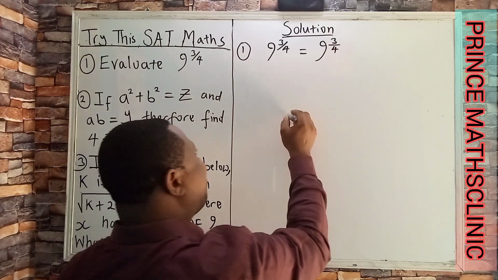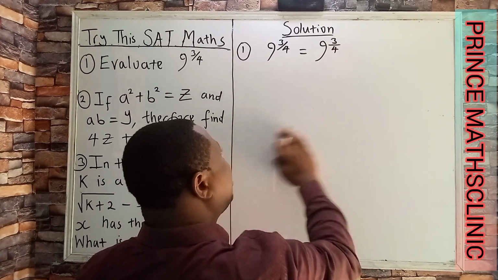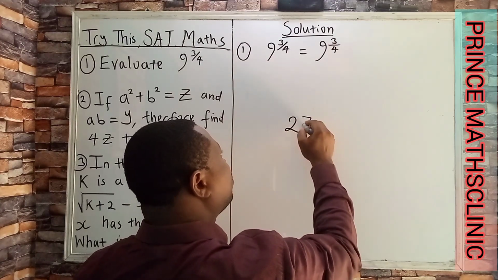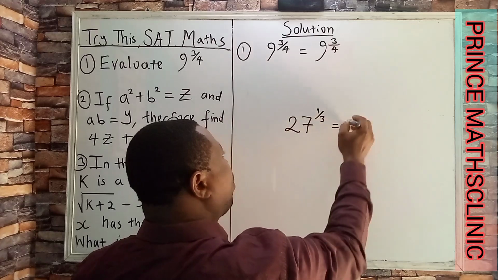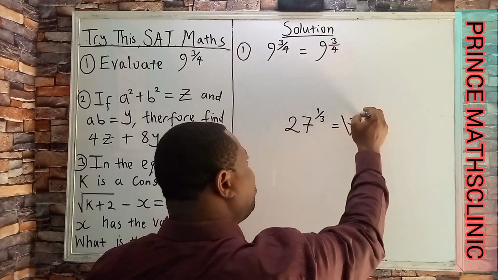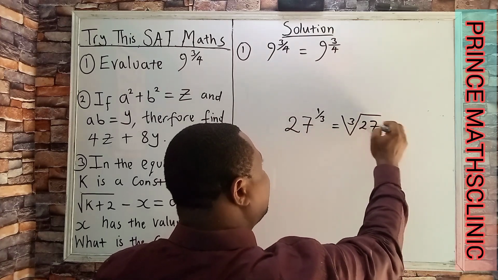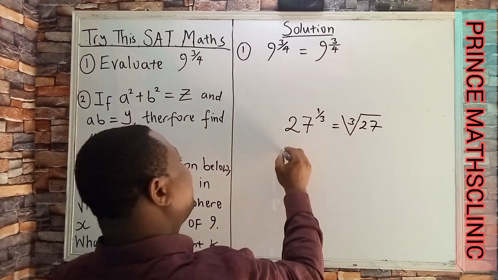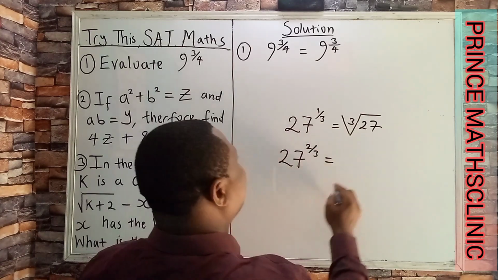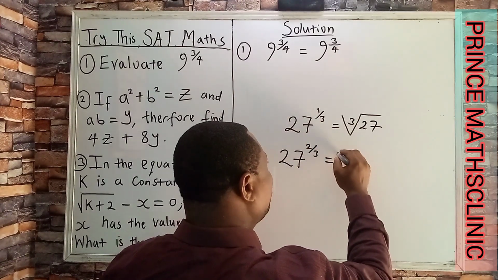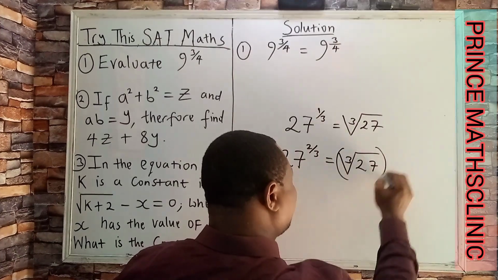For instance, let us say I have 27 to the power of 1 over 3, this 3 talks about the root because it will become cube root of 27. If I have 27 to the power of 2 over 3, it's going to be cube root of 27, then everything squared.